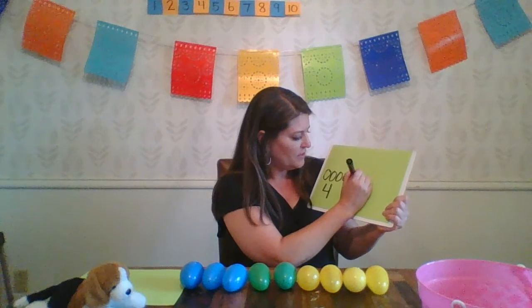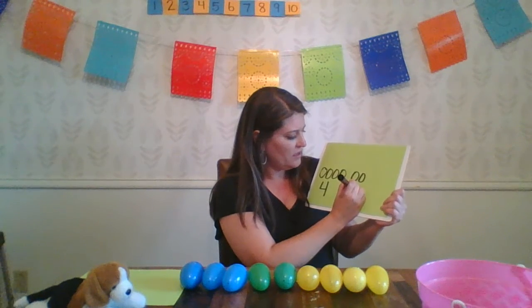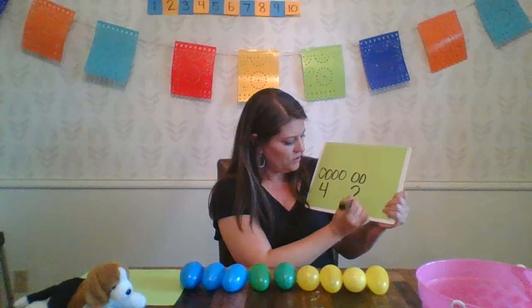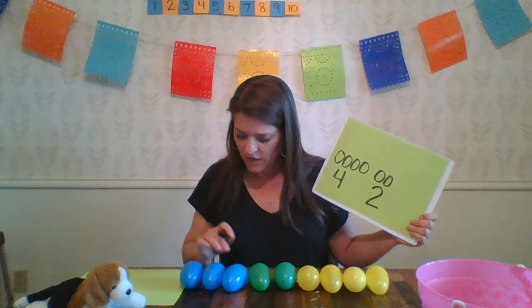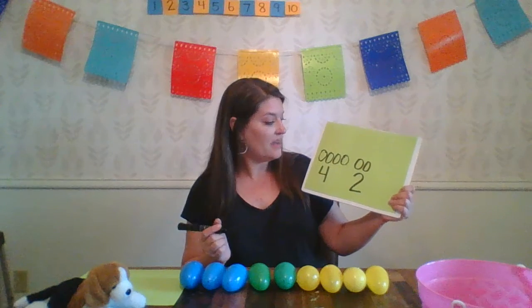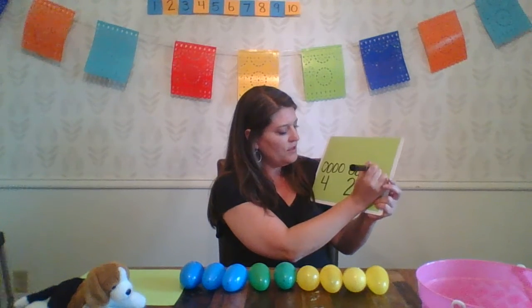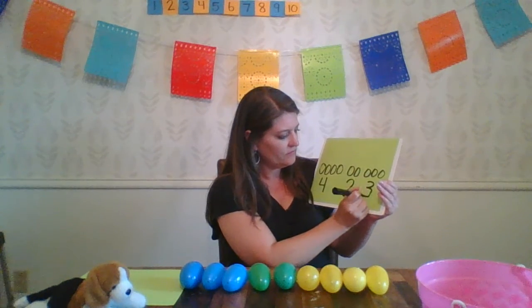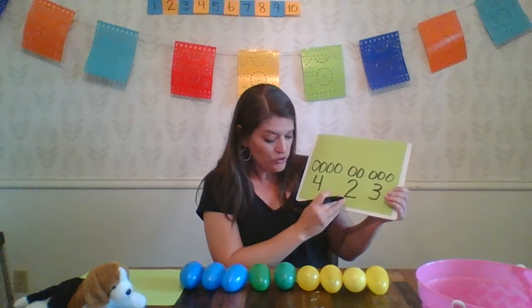Okay, so I'm going to draw the 2 green eggs and write the number 2. And now for my blue eggs. 1, 2, 3 blue eggs. I had 4 yellow, 2 green, and 3 blue.